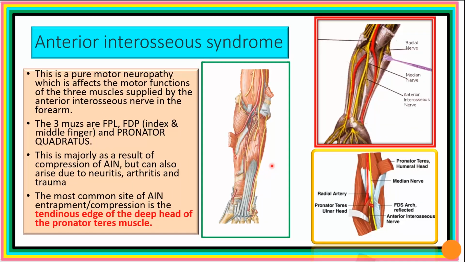This syndrome will come as a result of compression of the anterior interosseous nerve, or neuritis of this nerve, or trauma to this nerve. The most common site for entrapment of this nerve is actually at the tendinous edge of the deep head of pronator teres muscle.